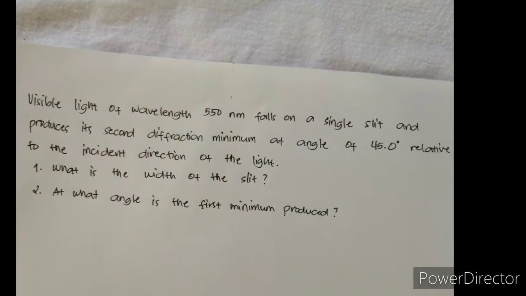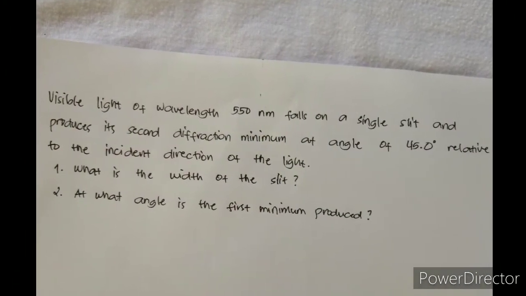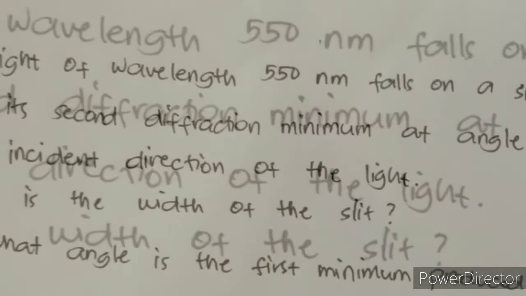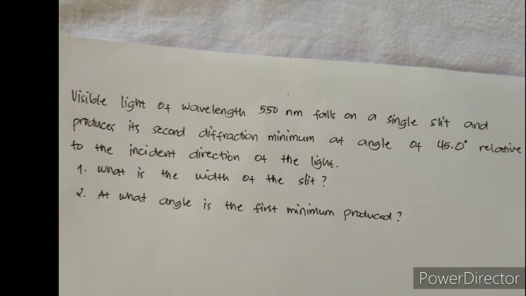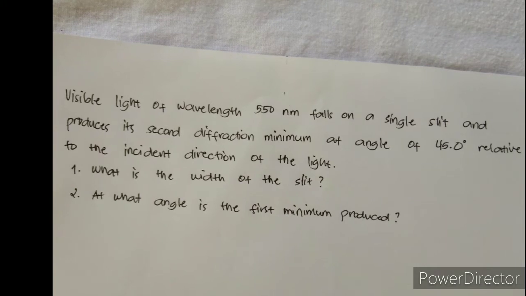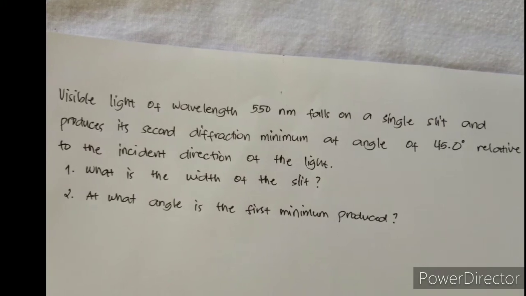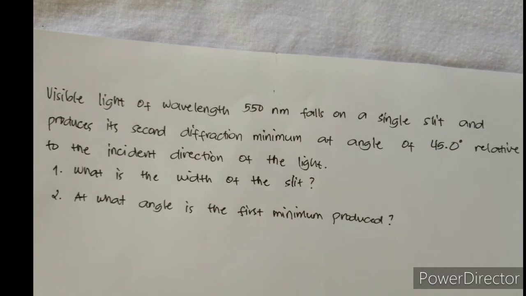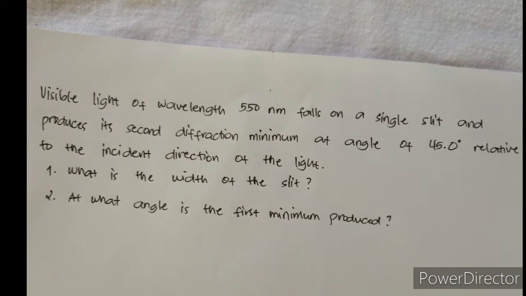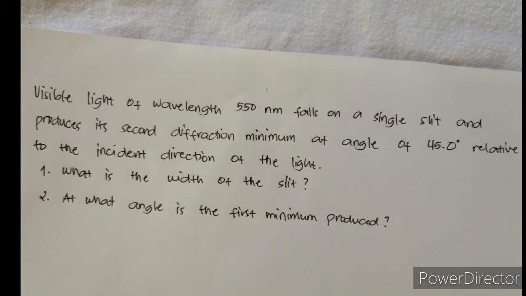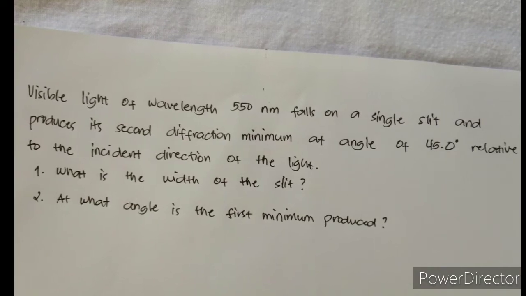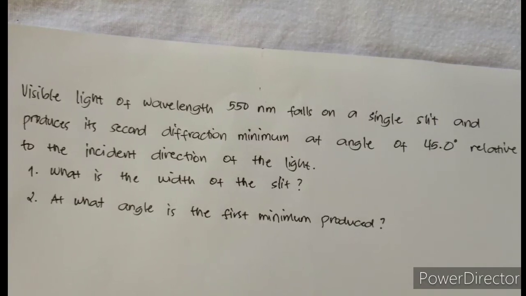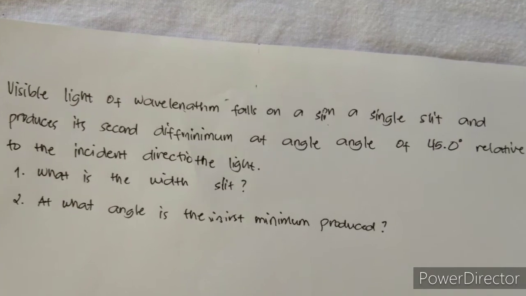Here is an example of calculating single slit diffraction. Visible light of wavelength 550 nanometers falls on a single slit and produces its second diffraction minimum at an angle of 45 degrees relative to the incident direction of the light. Now, we have to find the width of the slit and at what angle the first minimum is produced.